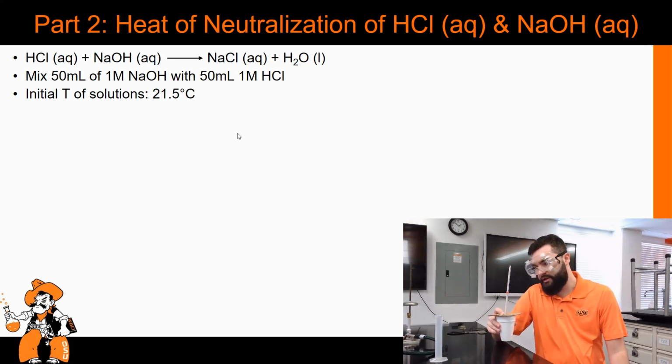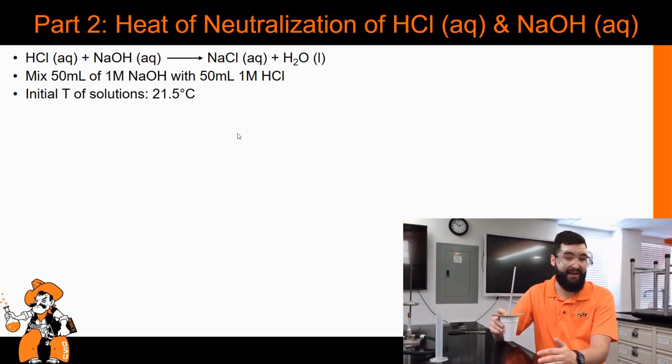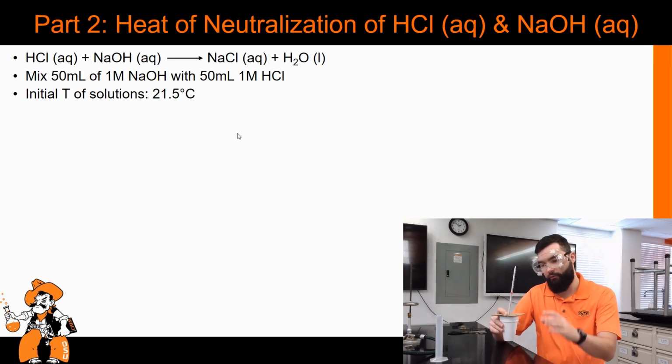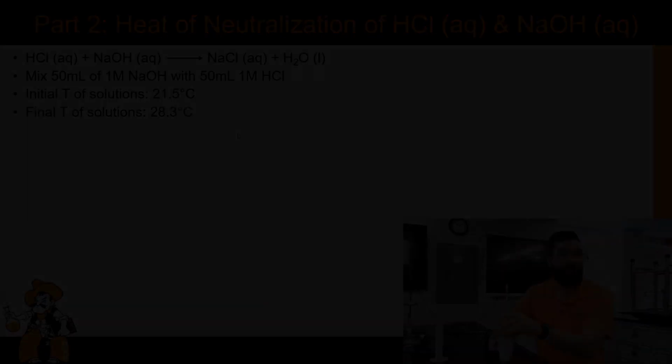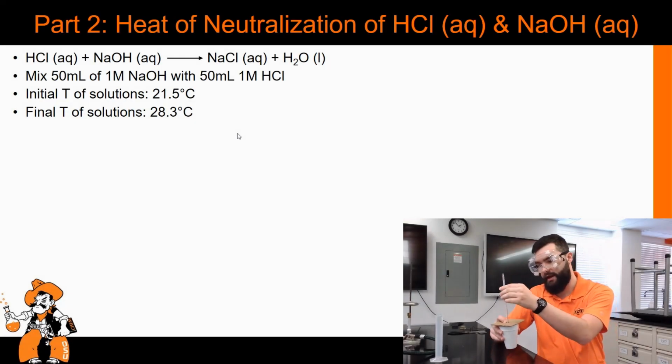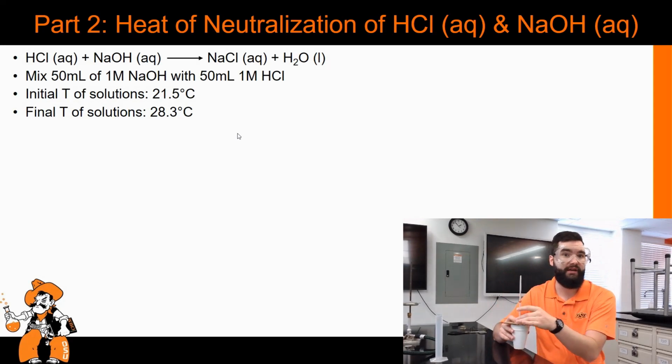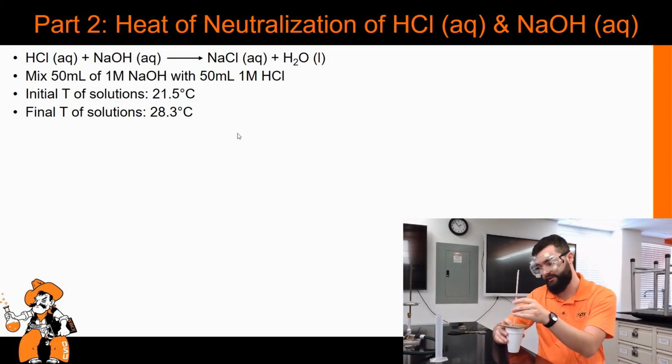The temperature is gradually rising because this is an exothermic reaction. Once this temperature change steadies out, stops rising, and starts falling, I will record that as my maximum temperature, or my final temperature of the reaction. So my temperature has stopped changing now, and I recorded it as 28.3 degrees Celsius.